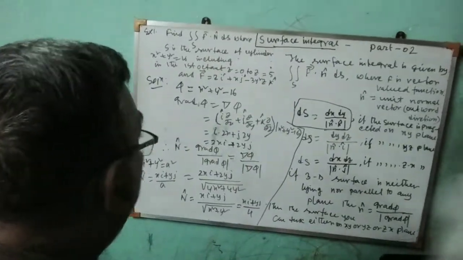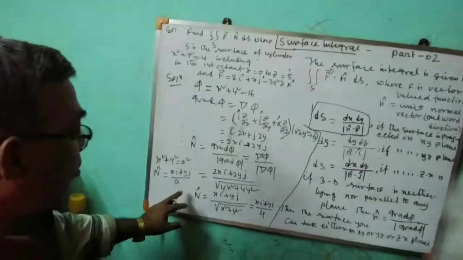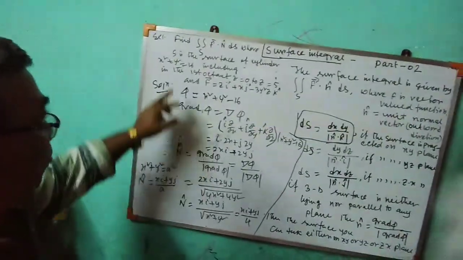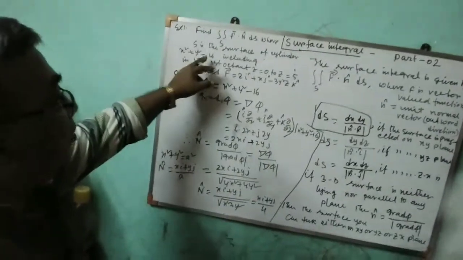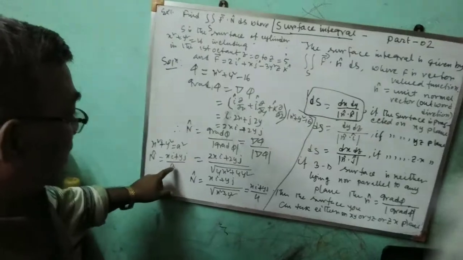That means without calculating this, you can directly take n cap equal to xi plus yj by a. Here a is the radius, and x square plus y square equal to 16, so n cap equal to xi plus yj by 4.